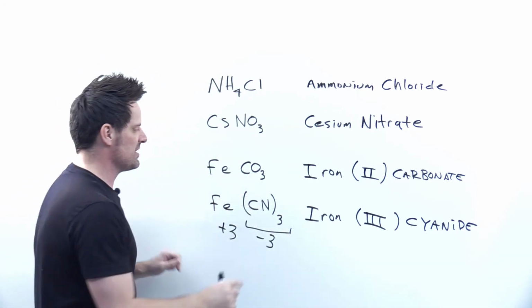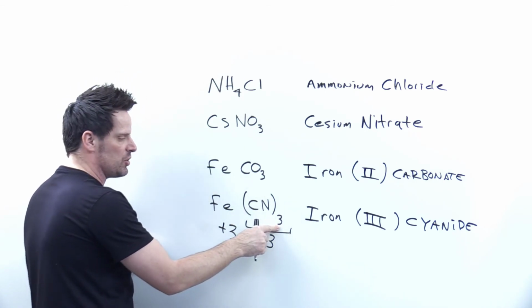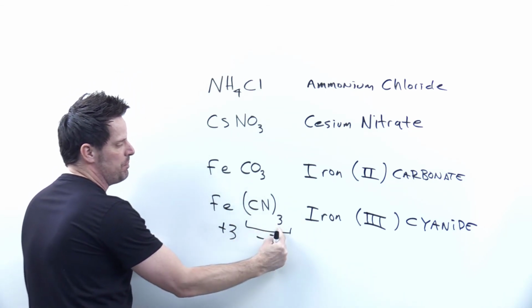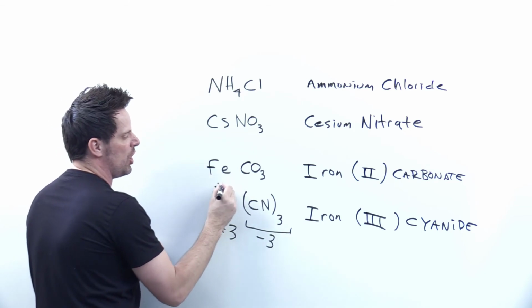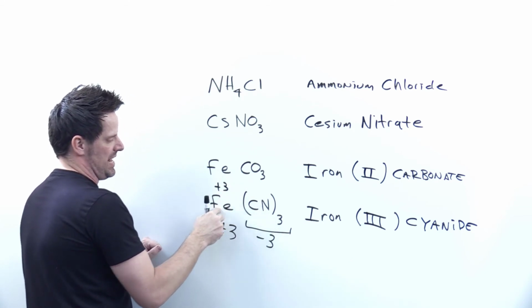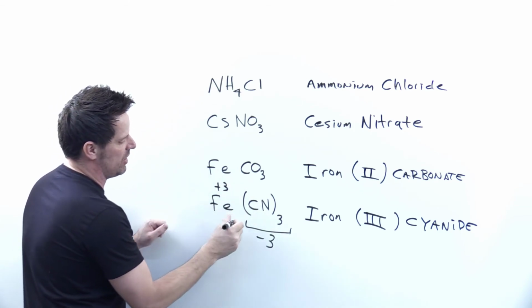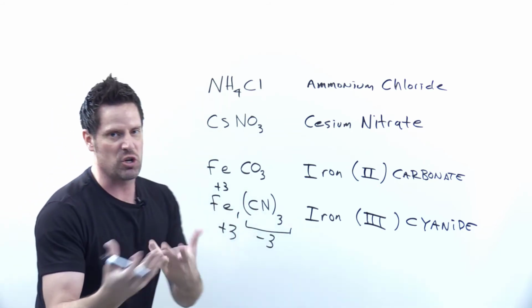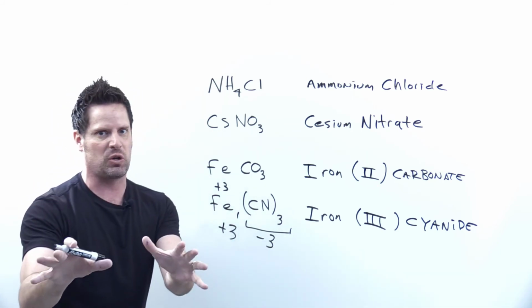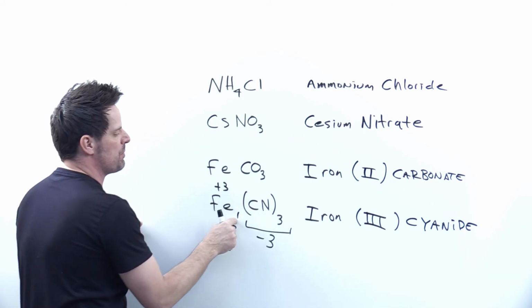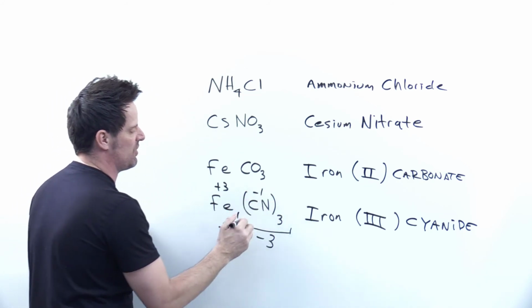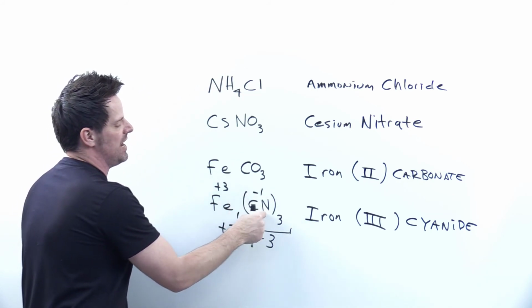Another shortcut for doing this is to look down at the subscript here. As it turns out, the subscript here, if you pull it up here, reveals the charge of this atom right here. The implied subscript beneath the iron is 1 because there's no subscript written. So anytime you don't have a subscript written, it's an implied 1. If you brought the 1 up here and slapped a negative to the left of it, that would reveal the charge of the partner right here.